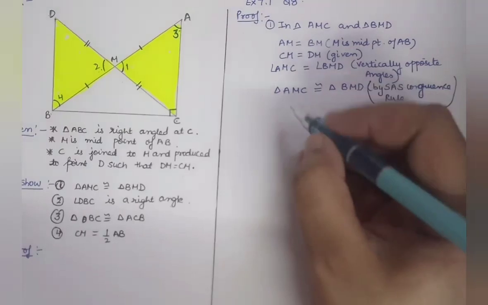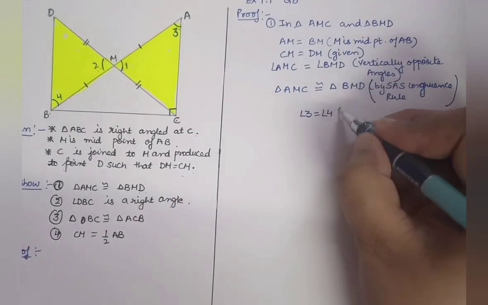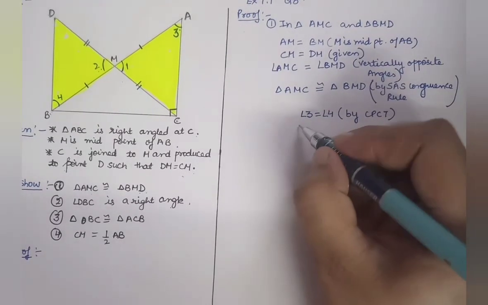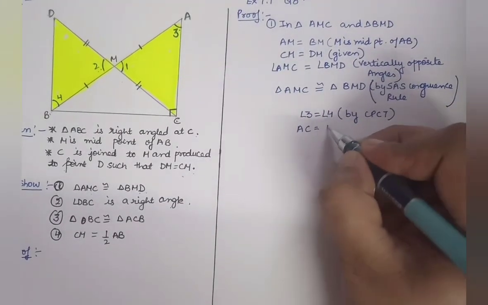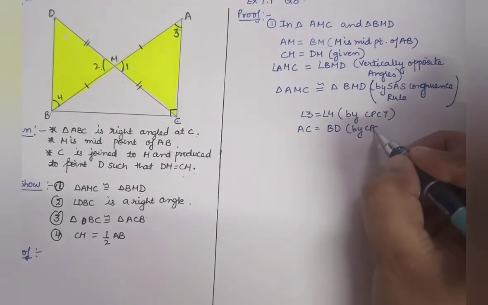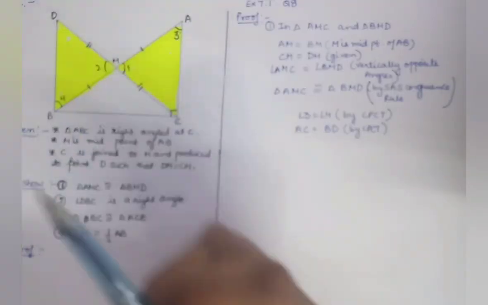So we can say from here, angle 3 is equal to angle 4, and that is by CPCT. Also we can say AC is equal to BD, and that is also by CPCT, as AC is part of this triangle and BD is part of this triangle.